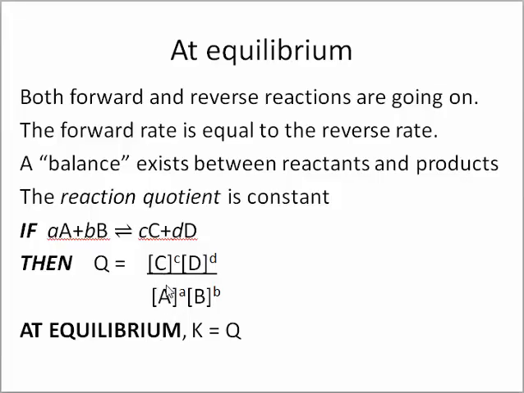Likewise, reactants appear in the denominator, concentrations of reactants raised to their stoichiometric coefficients. This ratio of product and reactant concentrations raised to powers is a constant at equilibrium. The reaction quotient Q is a constant. We write Q equals K, where K is a constant at equilibrium.